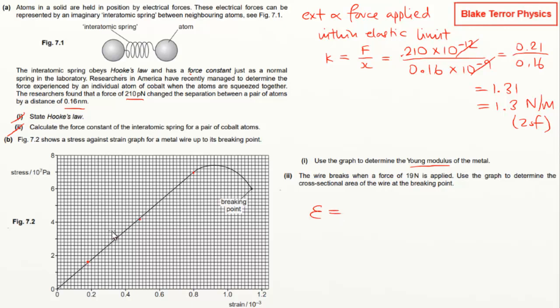So let's go for this one. It's going through 3 here. So we've got 3 times 10 to the 7 for our y coordinate, and then this is 1, 2, 3, 4, 5 will be there. We're coming down on that one, so that'd be 3.4 times 10 to the minus 3.